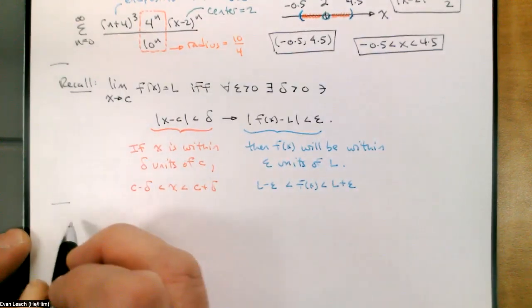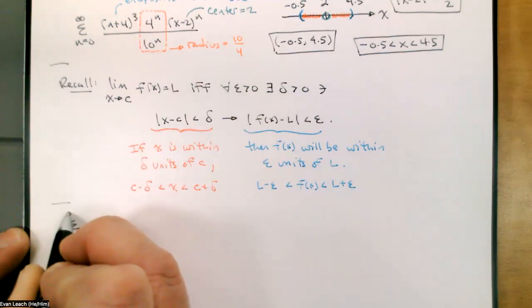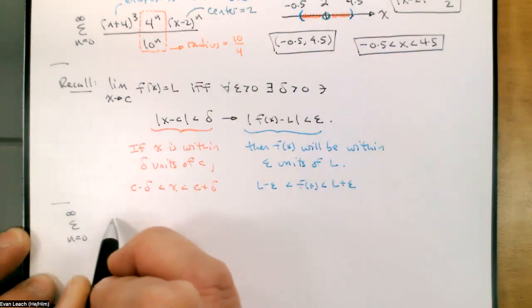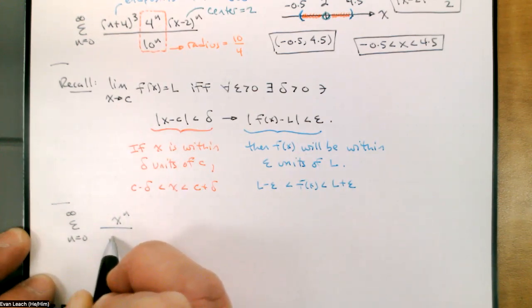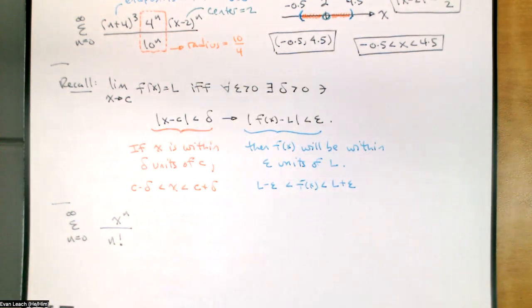So let's take a look at an example. Yesterday we looked at an example where we had an x to the n over n factorial. And we saw that this converged for all x. The n factorial left behind 1 over n plus 1 in the limit from the ratio test.